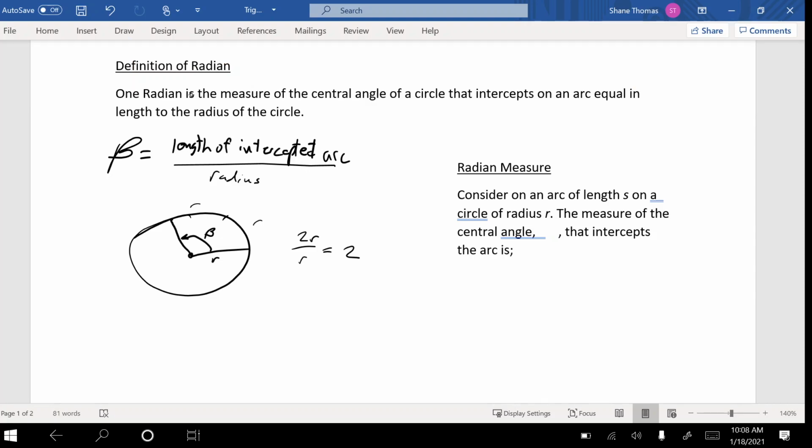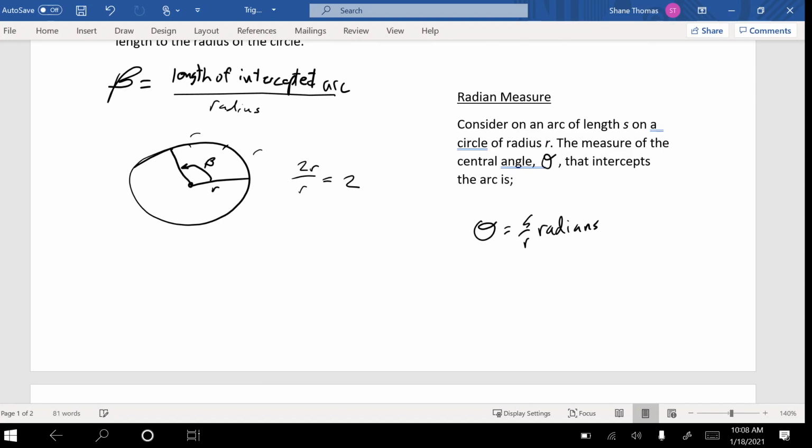All right, and then consider an arc length S on a circle of radius R. The length of the central angle of theta intercepts the arc is theta equals S over R radians. I have a little picture for this as well.